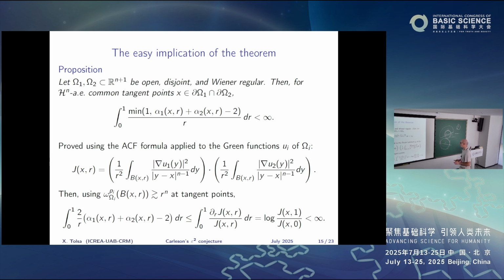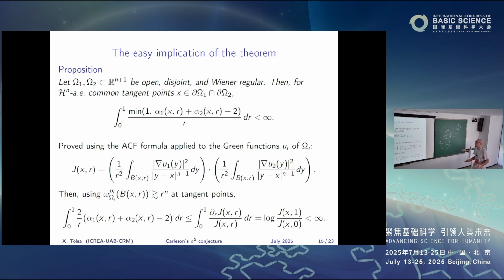To show that J(x,0) is positive, one can use estimates on harmonic measure that say that at tangent points, harmonic measure is bounded from below by R to the n. This is a theorem; it's not a very deep theorem, but it's non-trivial, so it requires some work. Using this one, we're done, this is finite.